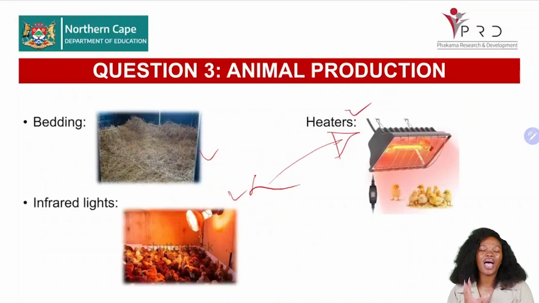But when animals are experiencing hyperthermia, air conditioners are required, or windows that will ensure enough ventilation, oxygen coming in and carbon dioxide exiting the shelter.